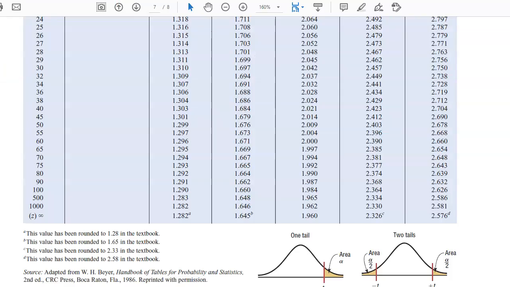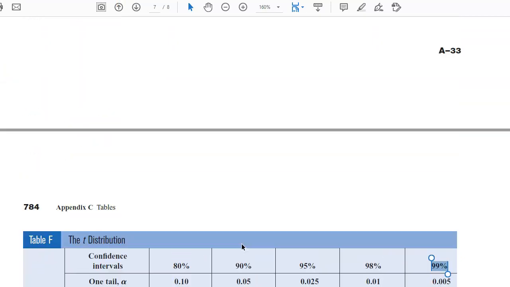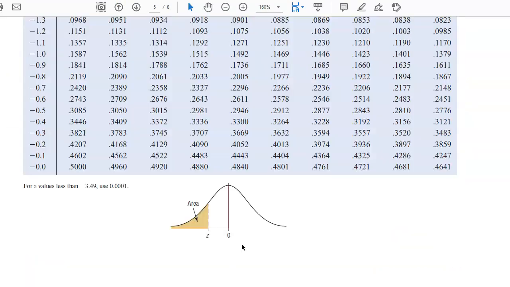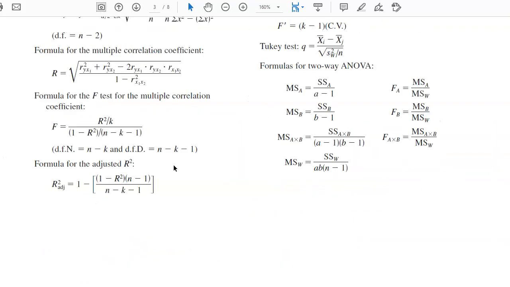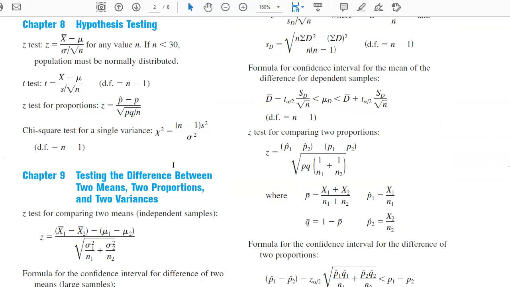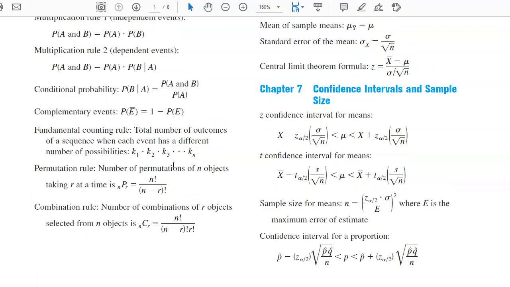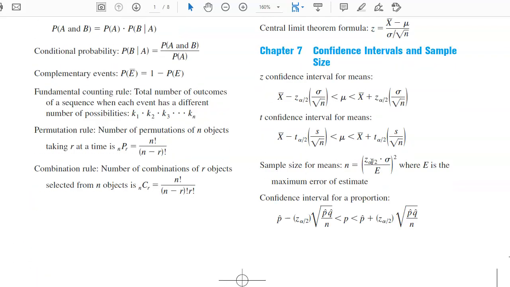But there's a formula for finding the sample size needed to get a certain confidence interval and a certain margin of error. Chapter 7 is what I'm looking at. Here we go. Sample size for means. This is the sample size that we need, and E is the maximum error of the estimate, also known as the margin of error. All right, so Z alpha over 2 times sigma over E squared.